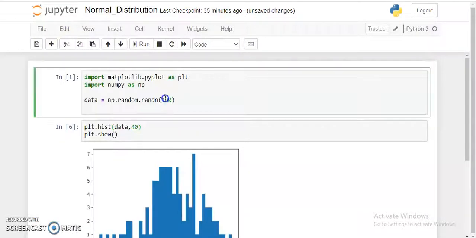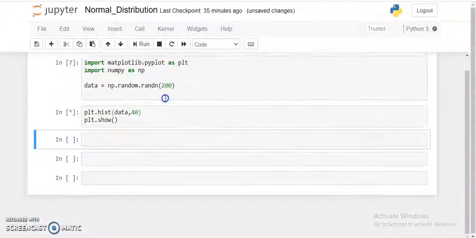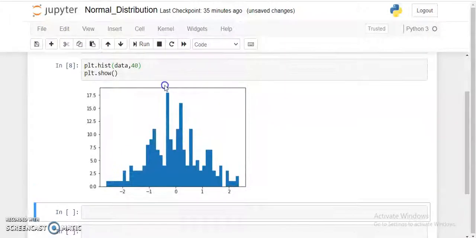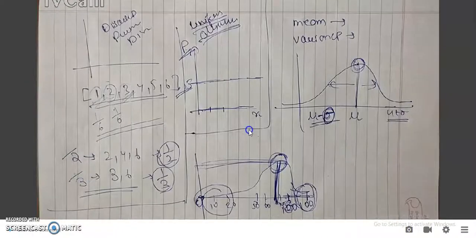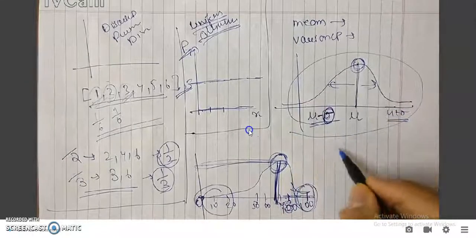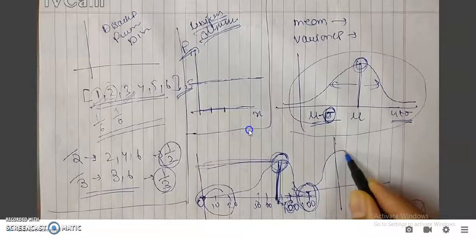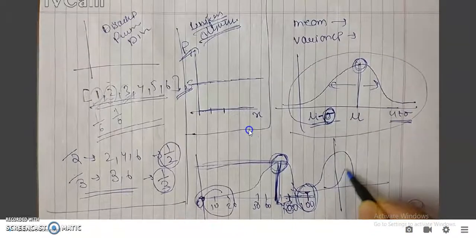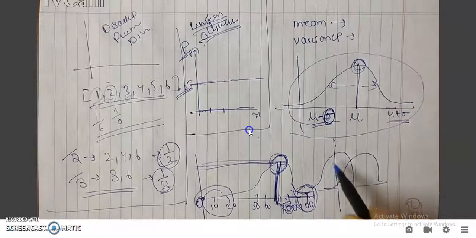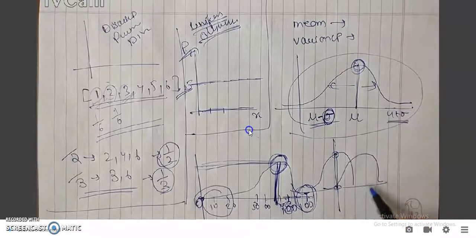If I increase the data also, and the bucket size stays the same, it would look like this. Suppose we want to shift this particular normal distribution curve. What I got from here is a normal distribution like this. Suppose I want to shift it from here to here, then I need to shift the mean, right?